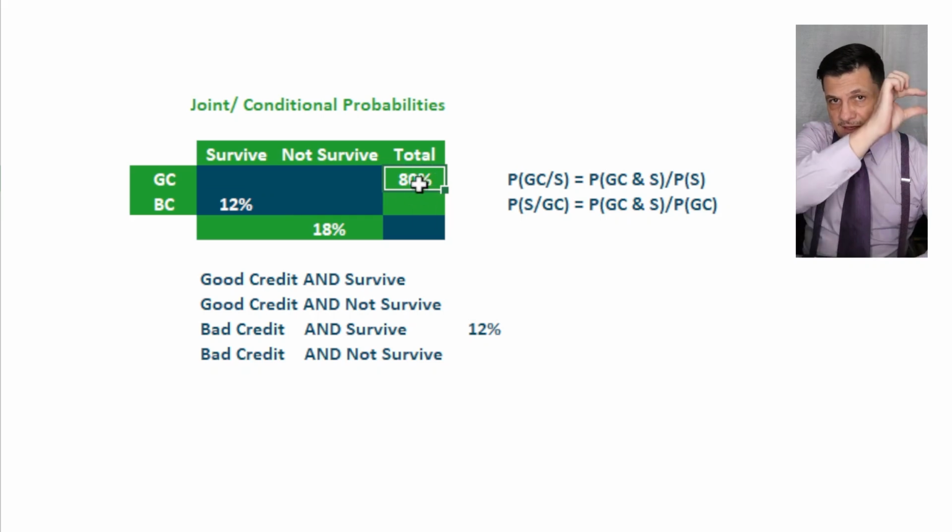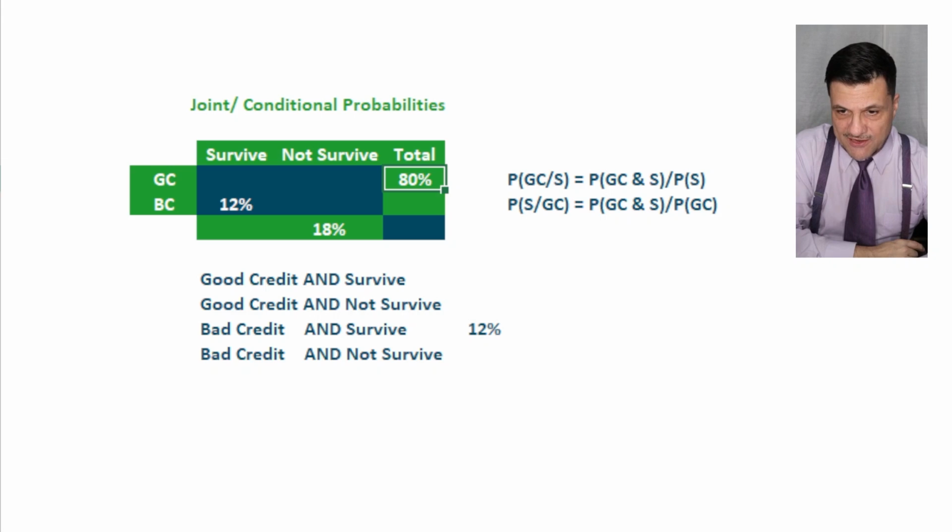Now, what is the 80% right here? 80% is the line that you have here. The 80% is then what we call the total probability. In that total probability, friends, okay, this 80%, what is it? It's the total probability of good credit. Okay? Companies that have good credit, total, look at that, 80%.